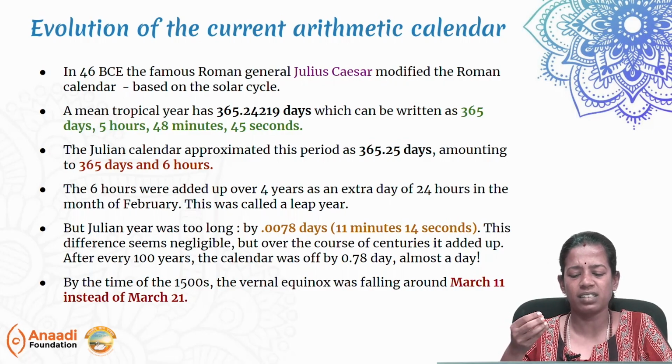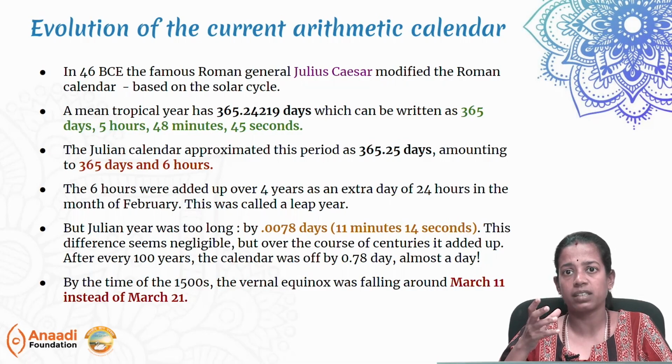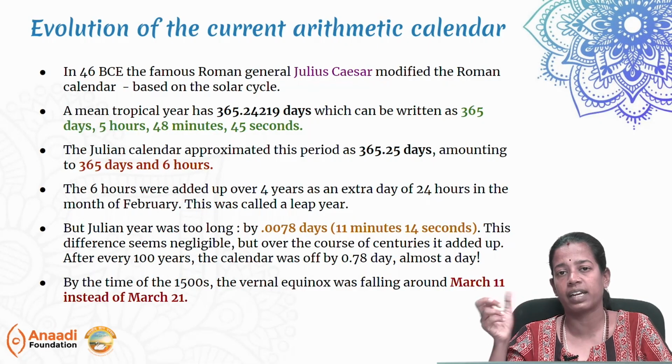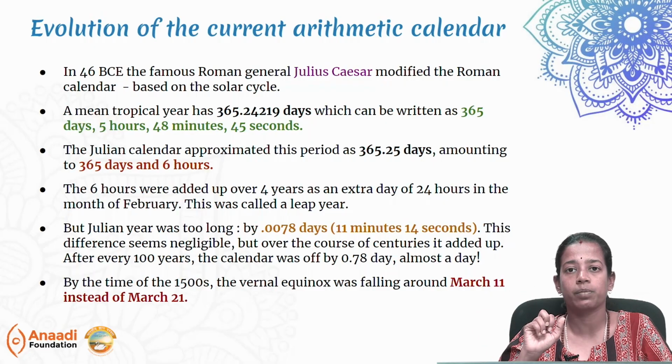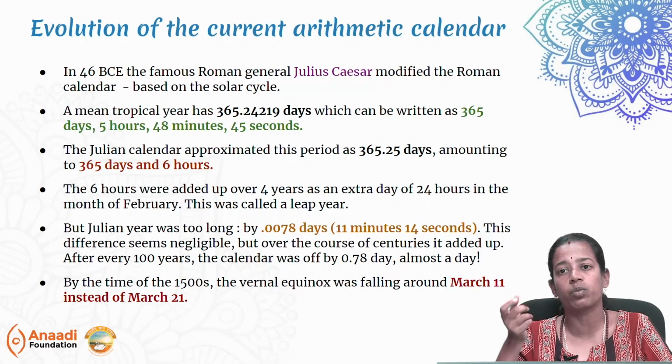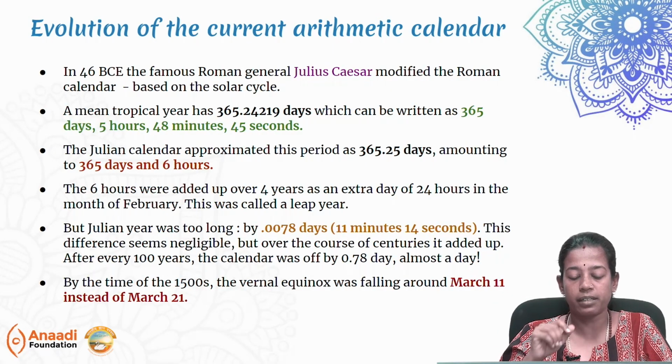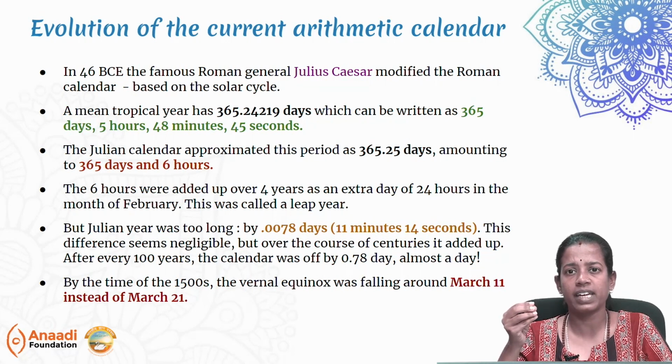One can think this 11 minutes 14 seconds is a very small error, because it came from approximating 365.24219 to 365.25 days, which is what became that one extra day getting added every 4 years. But this approximation was too long, because every year that 11 minutes 14 seconds was extra. This seems very negligible if you see it on an annual frequency.